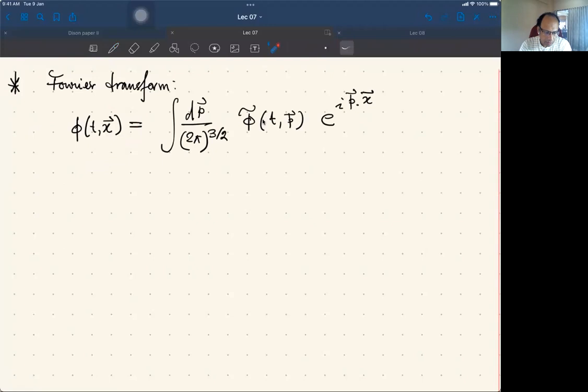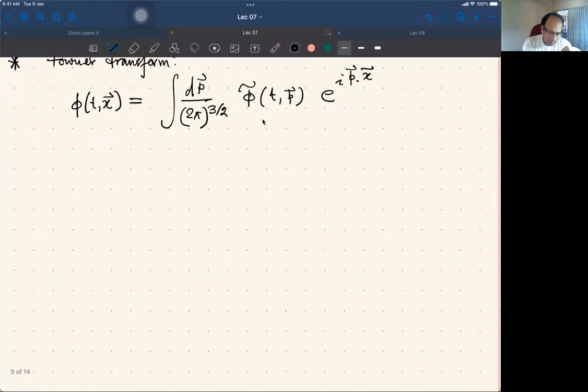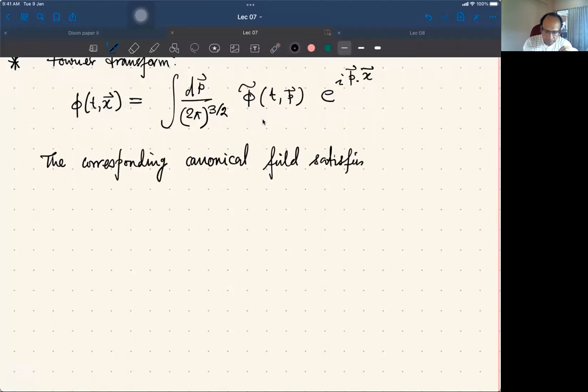And then correspondingly you have a canonical field, so that the corresponding canonical field satisfies the same equation.